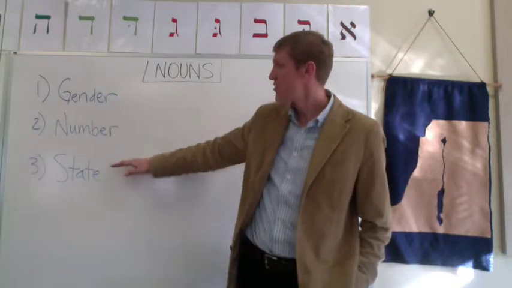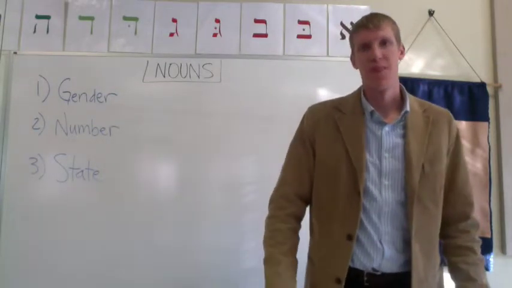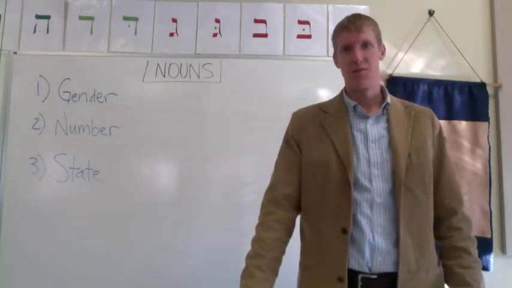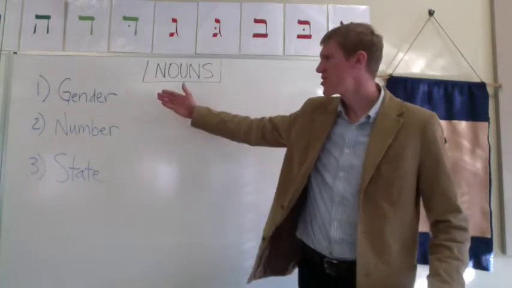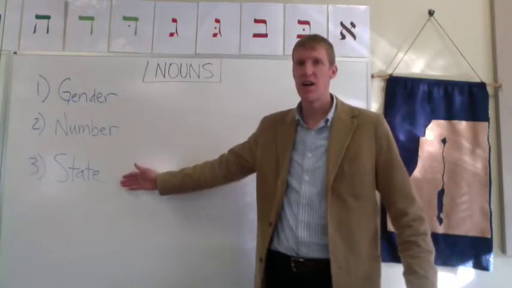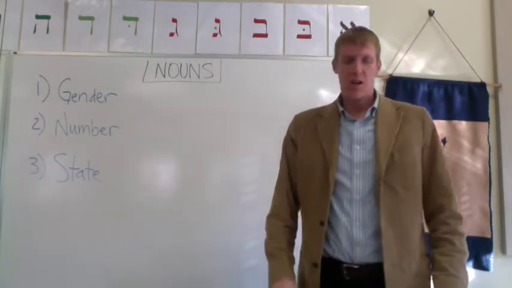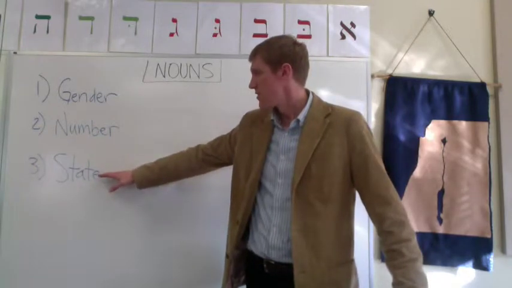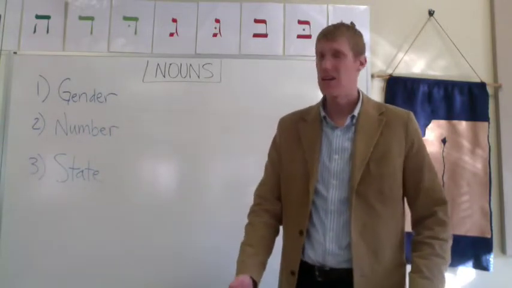Now, these three refer to general nouns and not proper nouns. Proper nouns like Avraham, which is a name, Abraham, are not going to function in exactly the same way as these will. For instance, the state of a noun can be either absolute or construct.